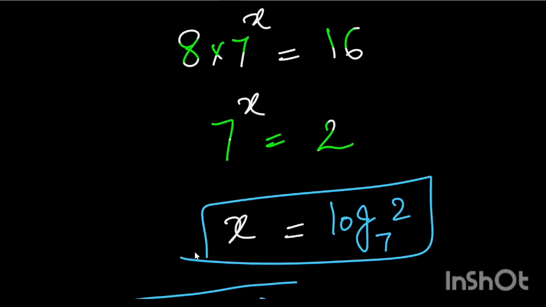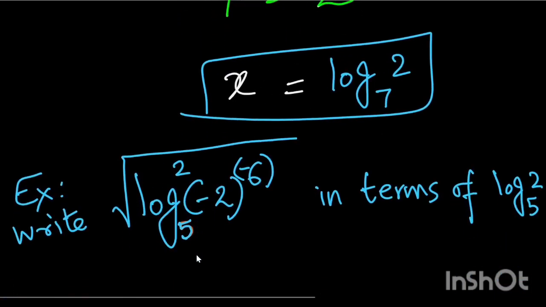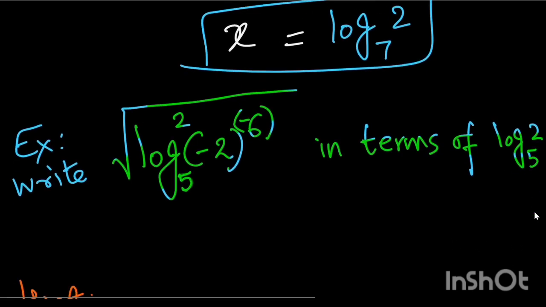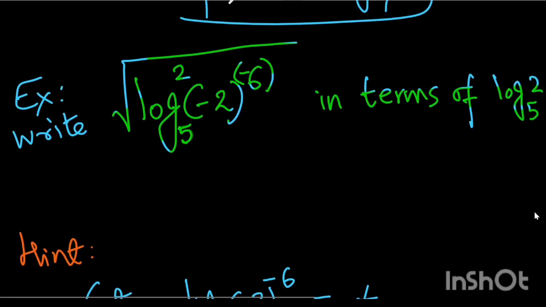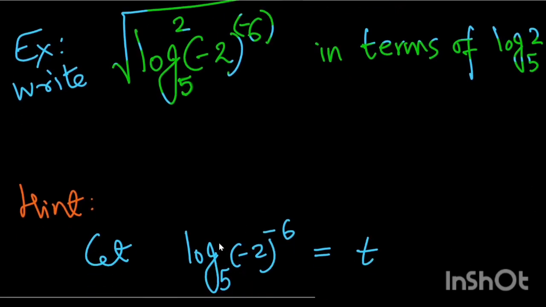That is the answer. Now the next is to write the square root of log of (minus 2) to the power minus 6 base 5, squared, in terms of log 2 base 5. What should be the hint for this? Let's assume that log of minus 2 to the power minus 6 base 5 is t.